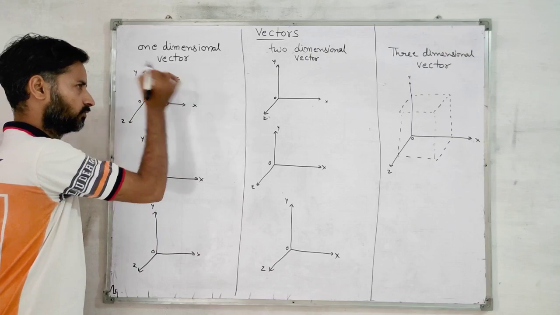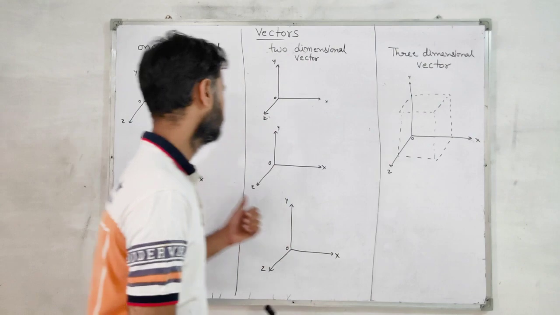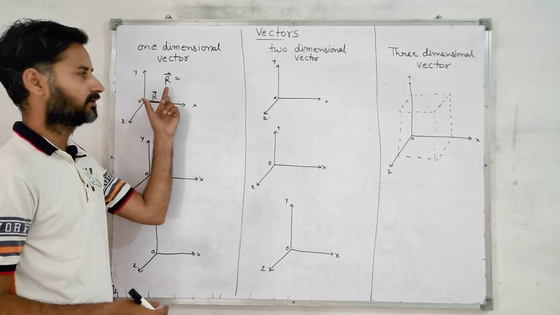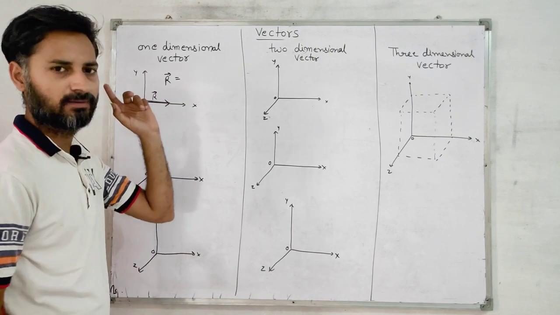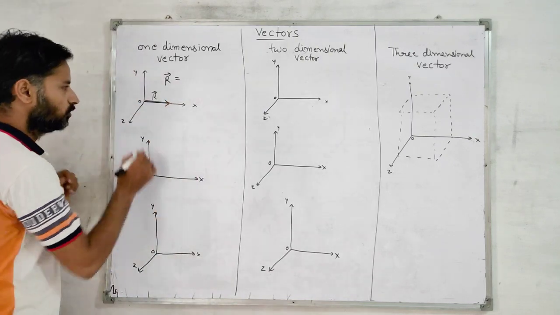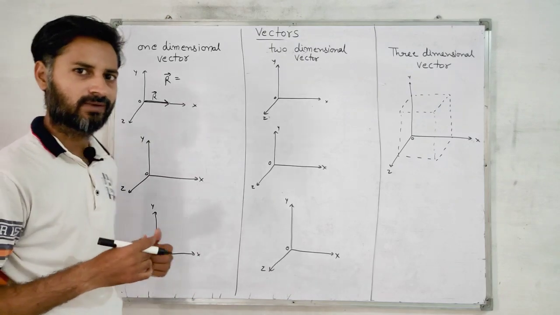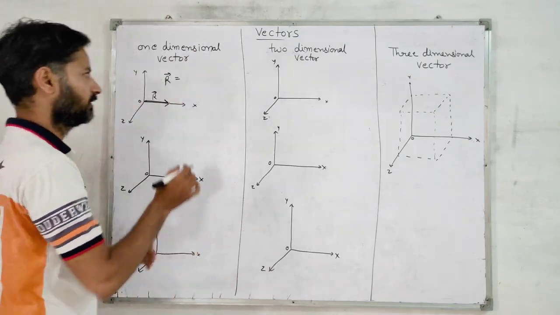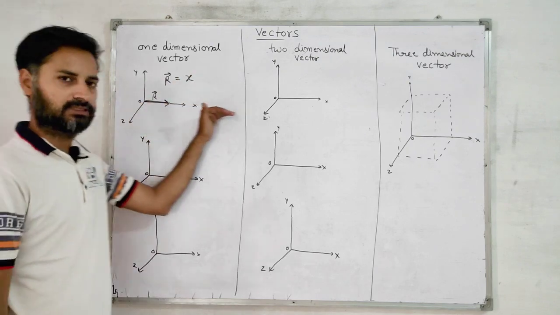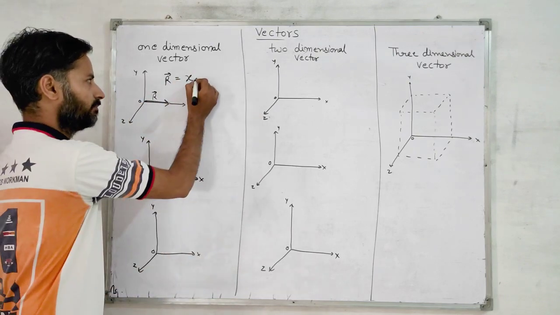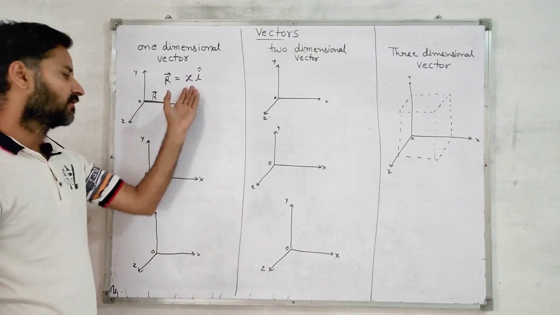R vector equals, as I have told you earlier, vector can be written as the magnitude of the vector multiplied by unit vector. So here the vector is along x axis, so the value will be only x coordinate. Let this be small x, and along this axis the unit vector is i cap. So this is the value of r vector.